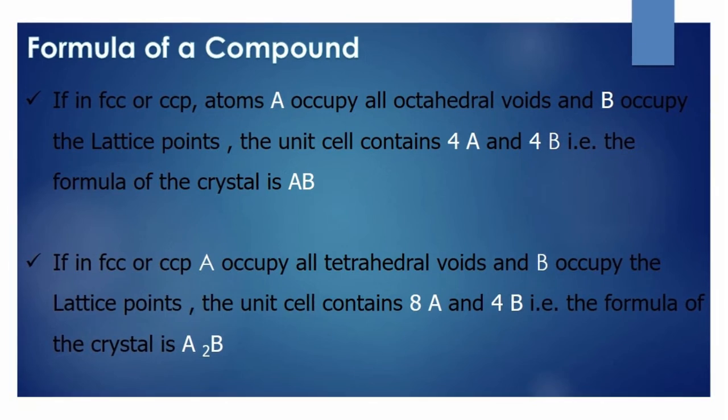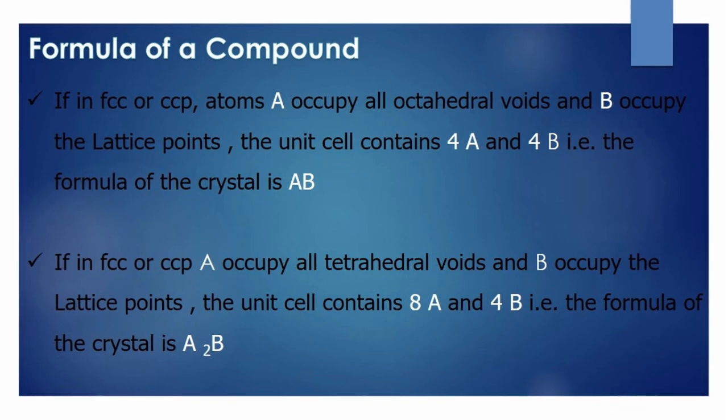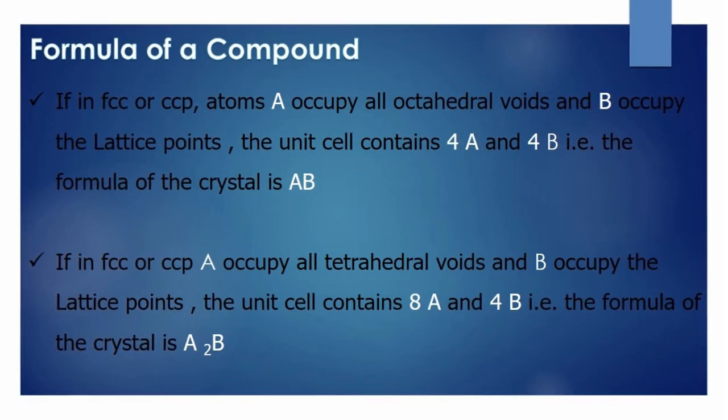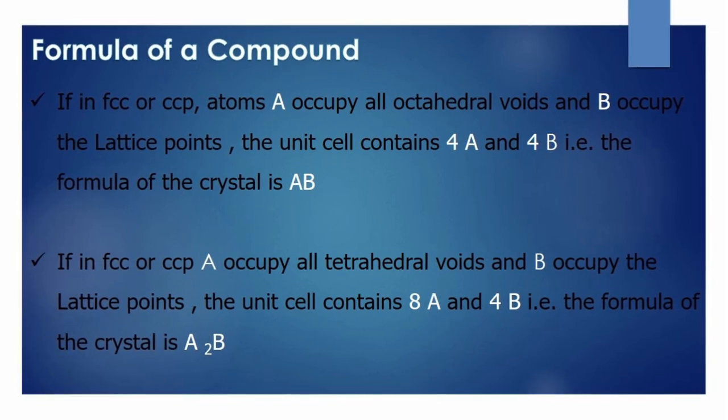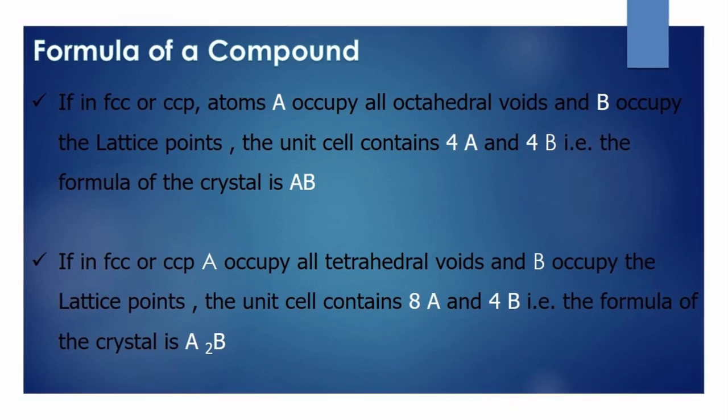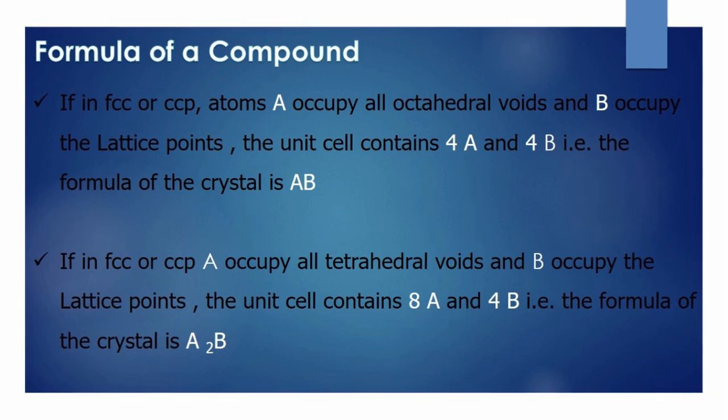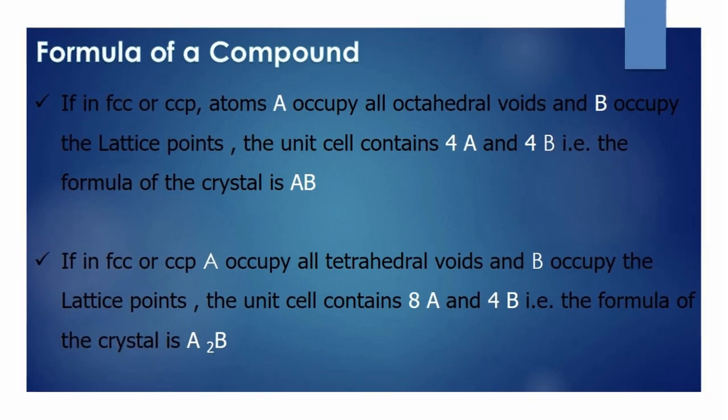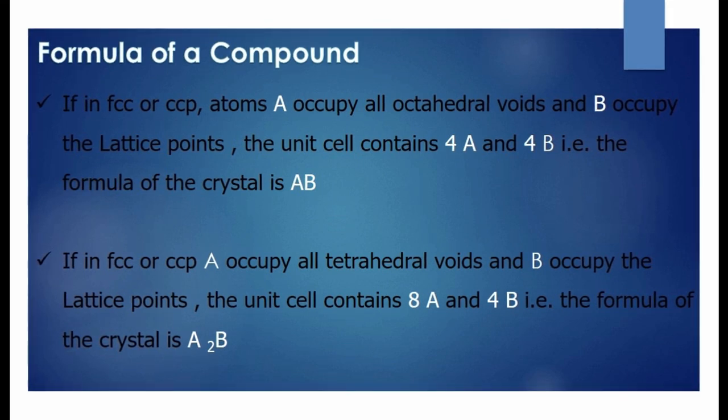And in the second example, atom A has occupied all the tetrahedral voids and B has occupied all the lattice points. We know the number of tetrahedral voids is twice the number of atoms present in it. So, 8 atoms of A are there and 4 atoms of B are there. So, the formula of the crystal will be equal to A2B.